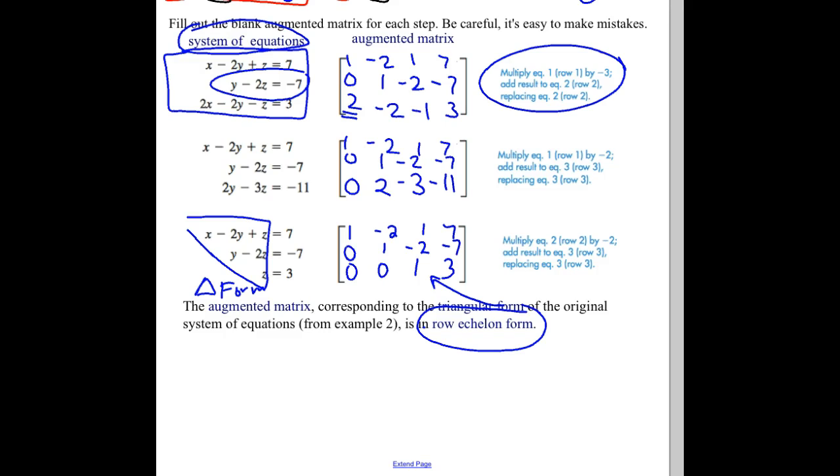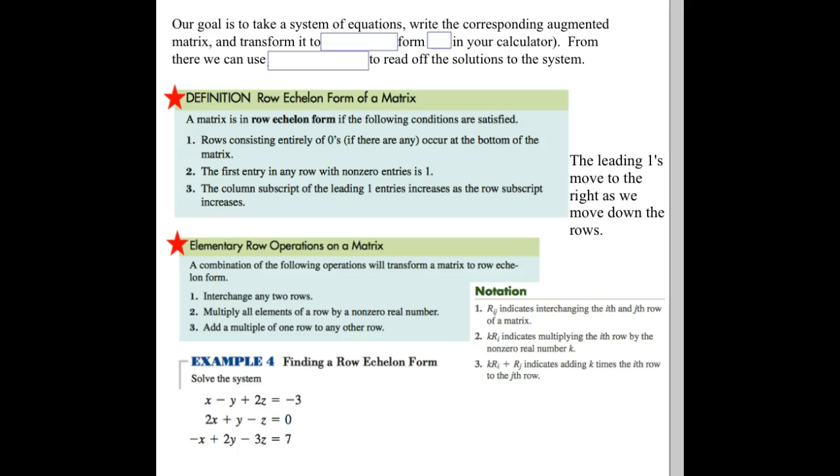By hand. So our goal is to take a system of equations, write the corresponding augmented matrix, and transform it into row echelon form. From there, we can use back substitution to get our solutions.